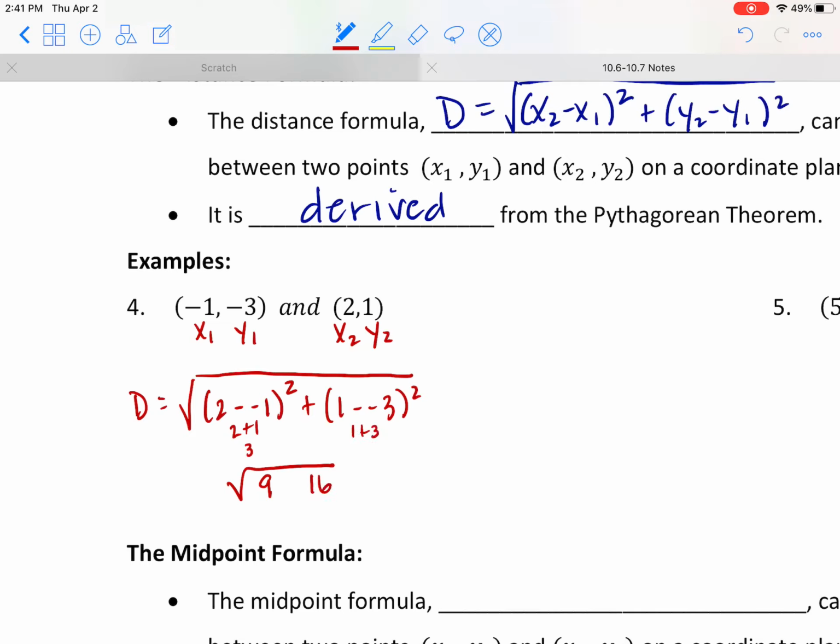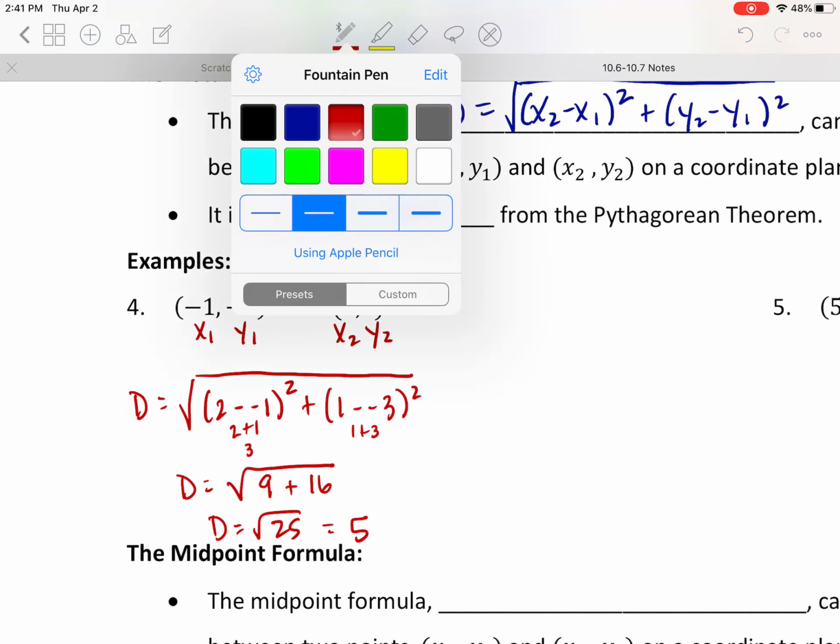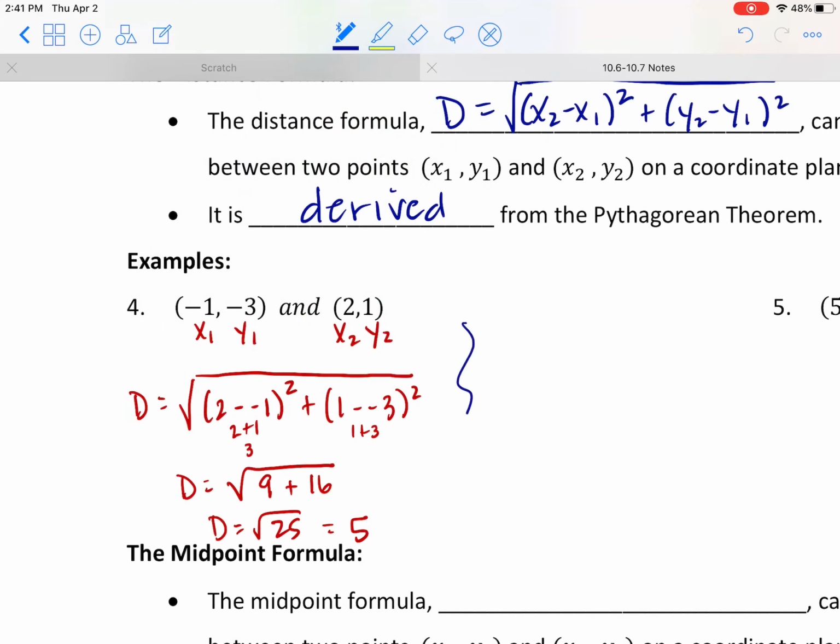So this is 2 plus 1 in here, which is 3, and then 3 squared is 9, so this becomes a 9. This is 1 plus 3 here, which is 4, and 4 squared becomes a 16, and I have to add those. So I'm looking at the square root of 25, which is 5. So the distance between those 2 points on the graph is 5 units.